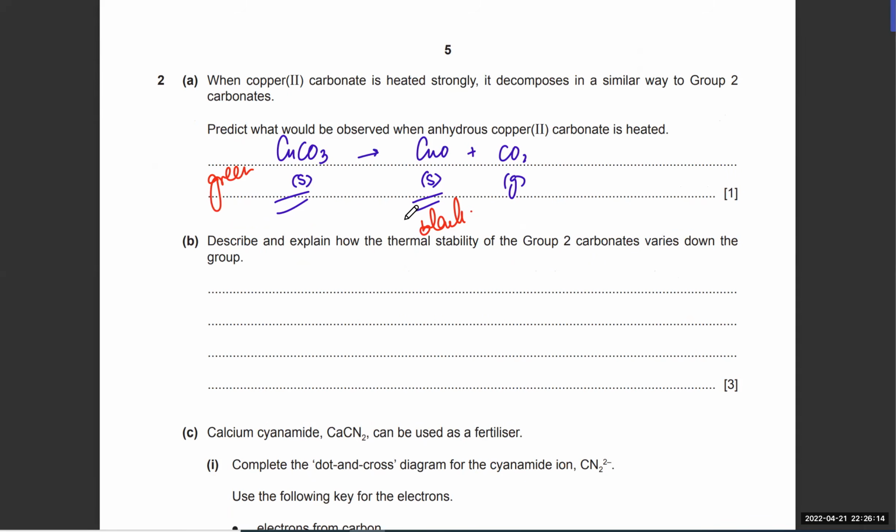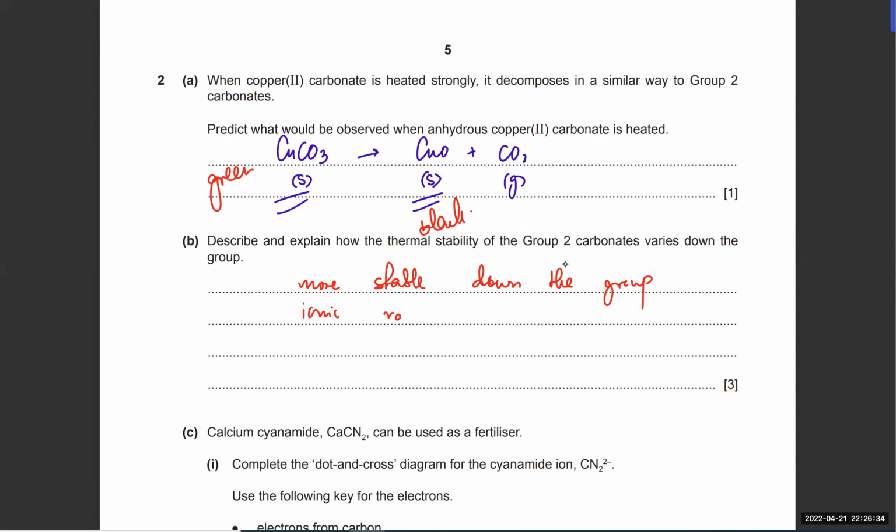Describe and explain how the thermal stability of the group 2 carbonates varies down the group. They become more stable. And what's the reason for this? The size of the ion.